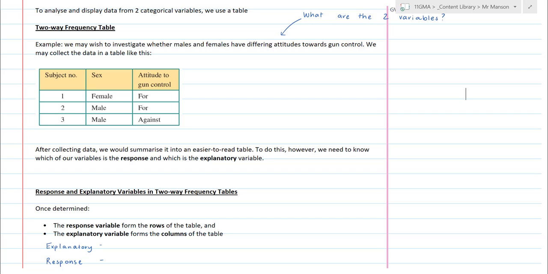In this case, hopefully you can see that a person's gender is not going to be explained by whether they're for or against gun control, but there is a chance that there might be an association to say that either males or females are more likely to be for gun control. So in this case, potentially, the explanatory variable will be the gender, and the response variable will be attitude to gun control.